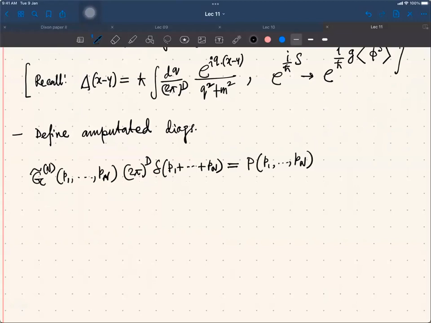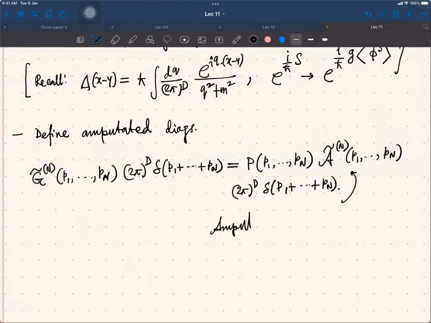You basically take out that, and the rest is the amputated amplitude. Basically the external momenta are amputated. So this is the amputated diagram.